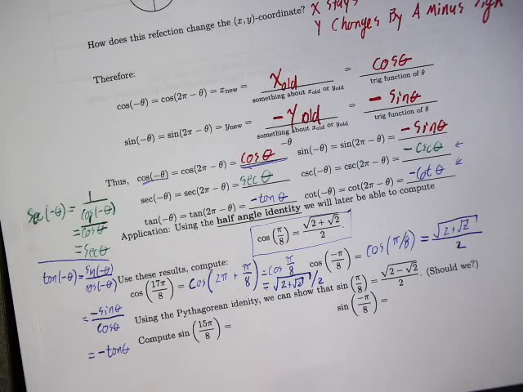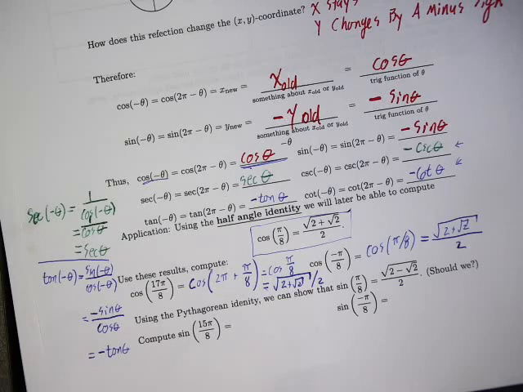Oh, maybe I'll check with you guys. How many people would want to cancel this 2 with one of the 2's in the 4? Right, so not everything in the numerator is a multiple of 2. You could rewrite this, if you wanted to, as 1/2 minus root 2 over 4. But everything in the numerator needs to be multiplied by 2 to do that cancellation.